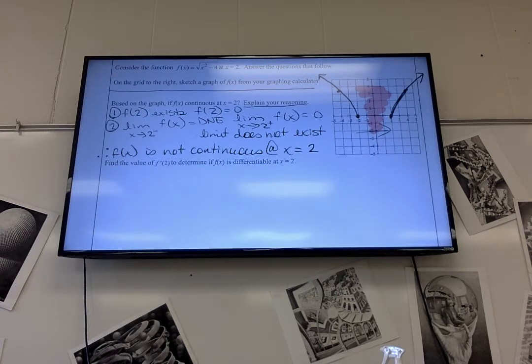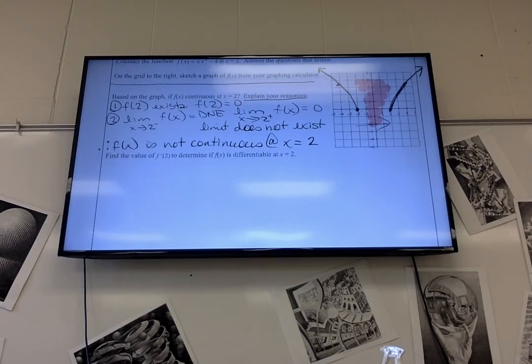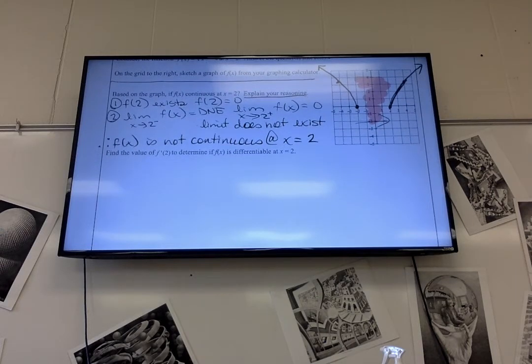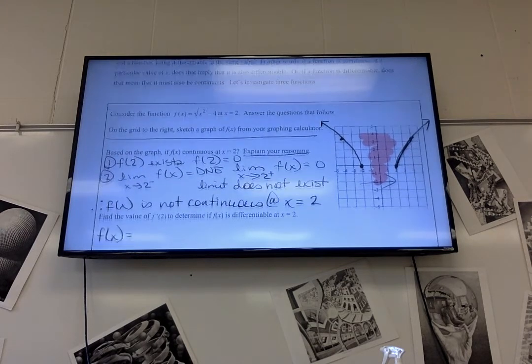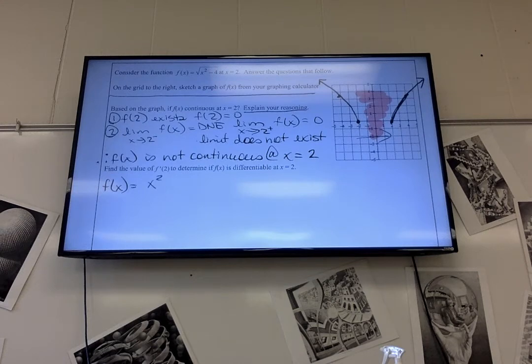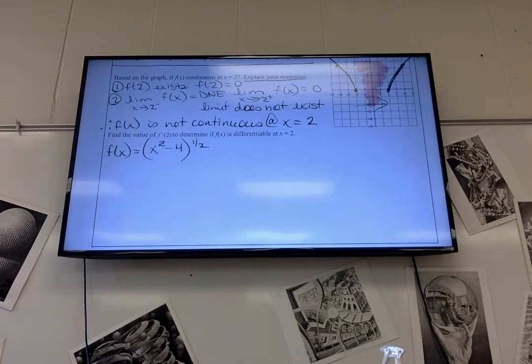Then we're going to find the value of f prime of 2 to determine if it's differentiable at x equals 2. So we know that f of x equals x squared minus 4 to the 1/2. Can we plug this into the calculator since we have a value?